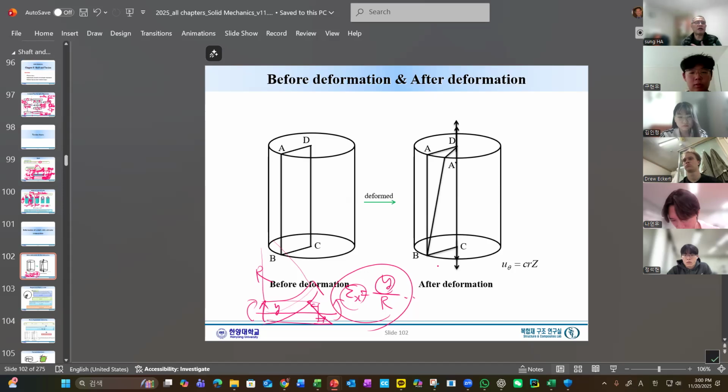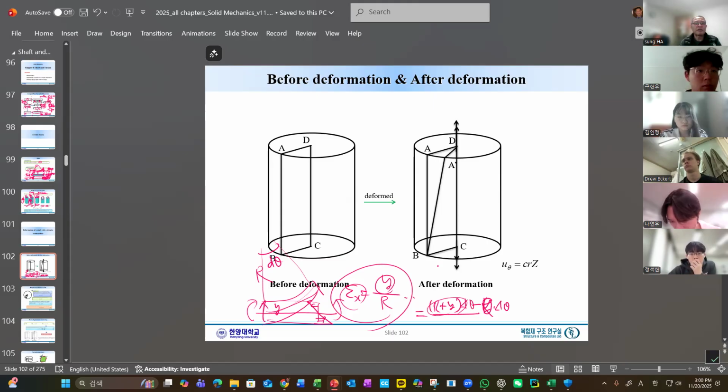This is through the length of this strain. So r plus y. I hope you remember this one, and theta. This is after, and r before deformation, delta theta.